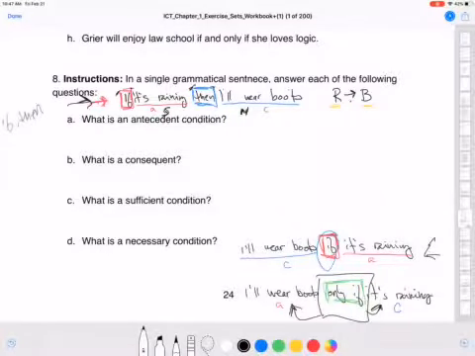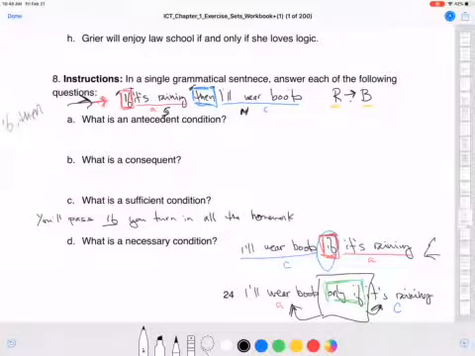Another way to think about that is that in English, if introduces a sufficient condition, and a sufficient condition is one that guarantees that something else will happen. If I say, you'll pass the class if you turn in all the homework, so you'll pass if you turn in all the homework.